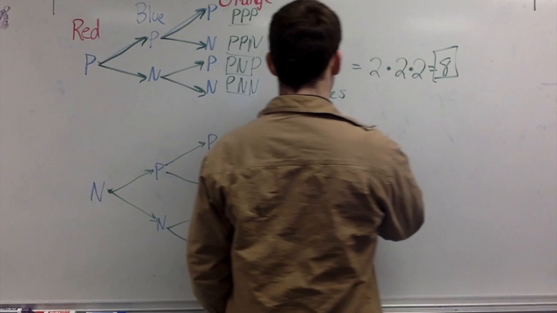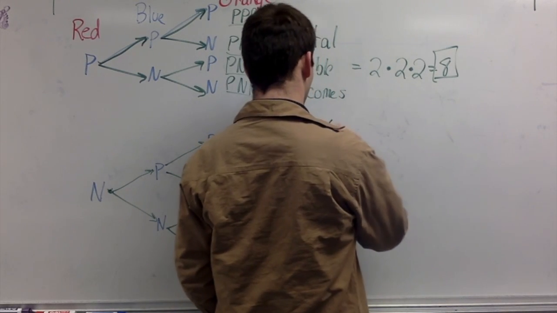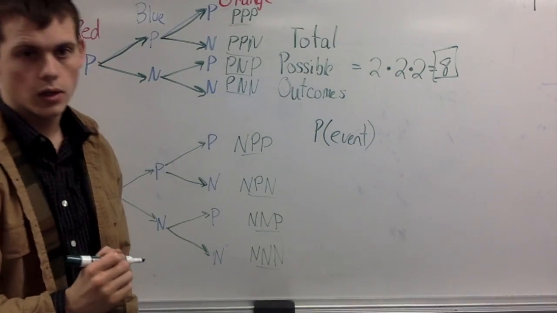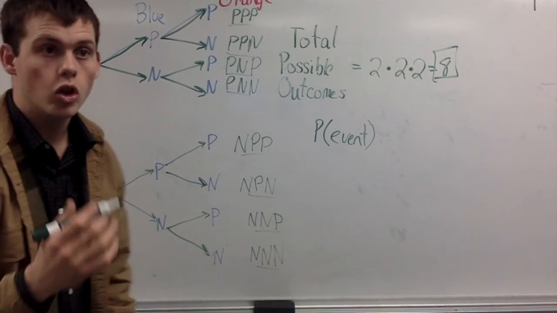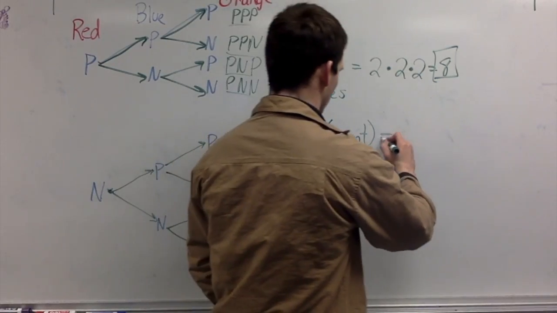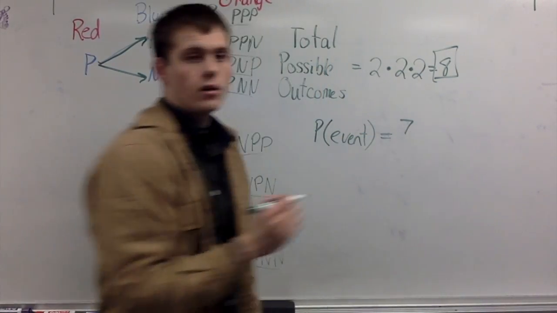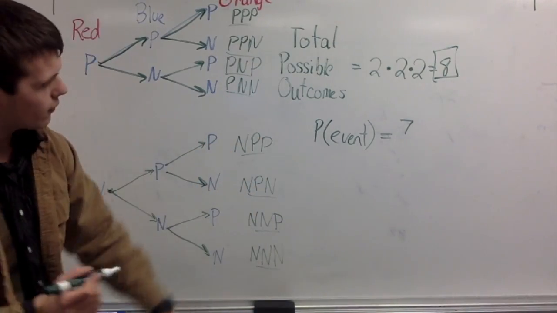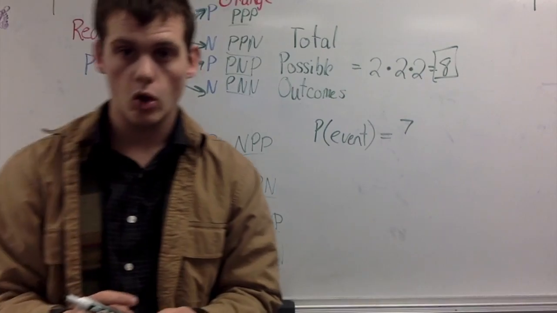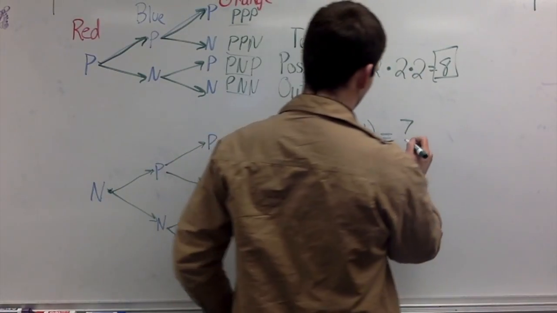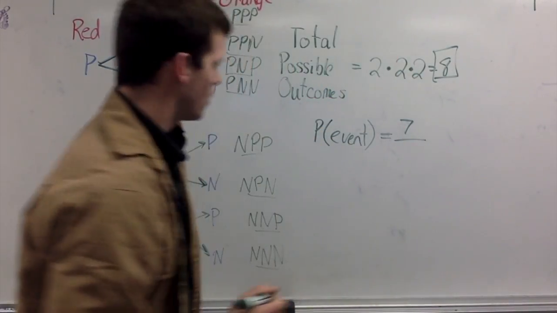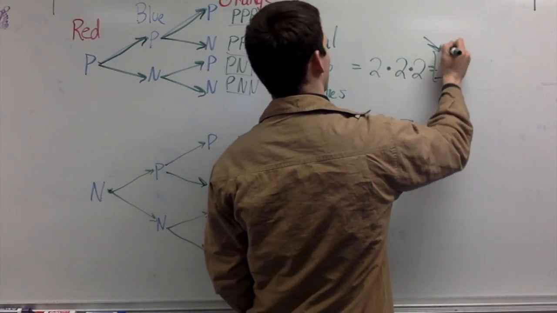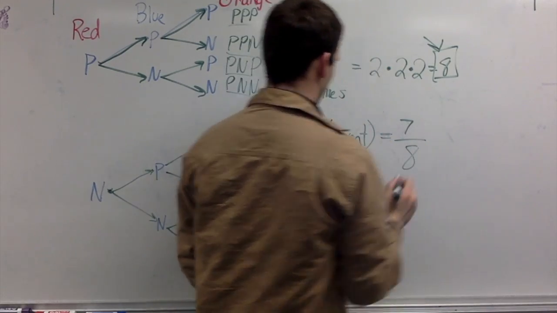So we look at our probability of the event. Our favorable outcomes are what we're looking for. So we said what we're looking for is we want to go home with one prize. And in 7 of our options, we went home with a prize. Now, how many total outcomes were there? We just saw it. 8 different outcomes.